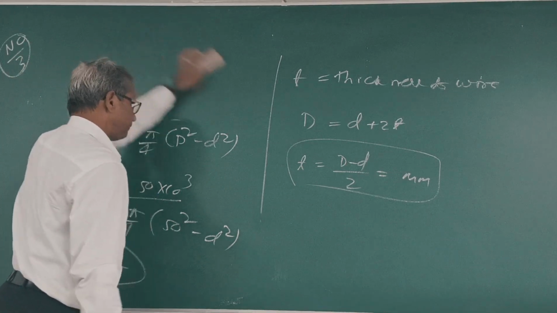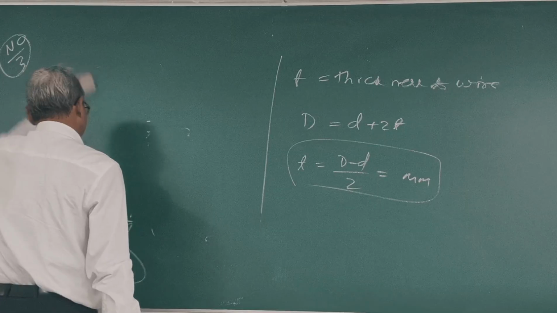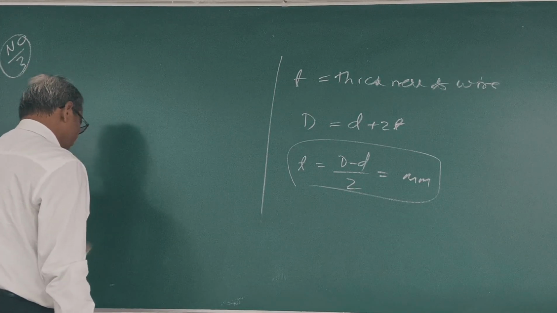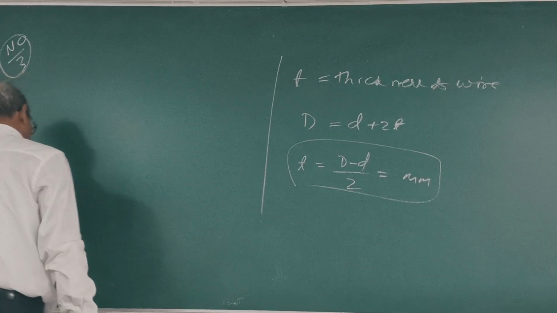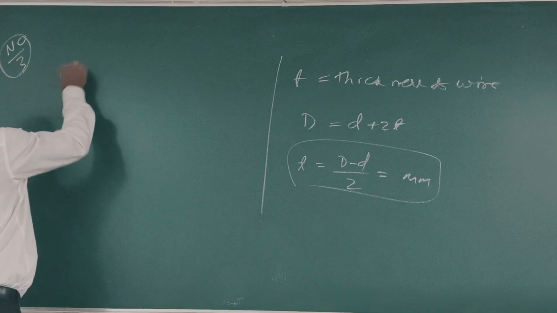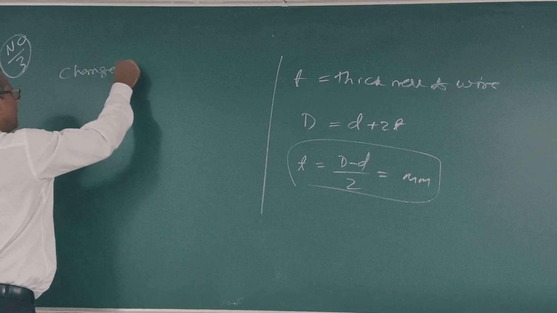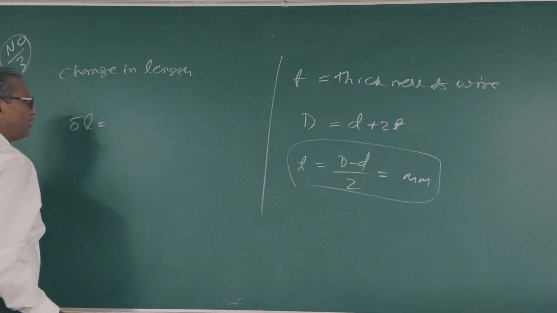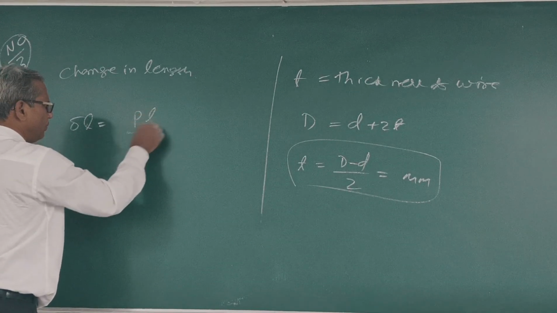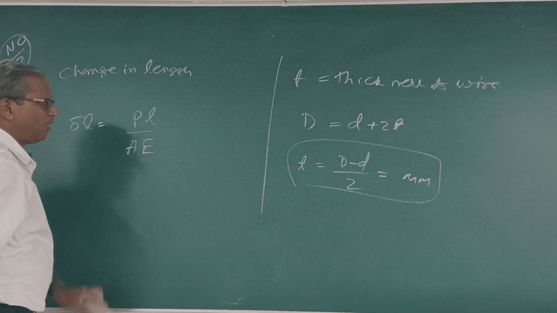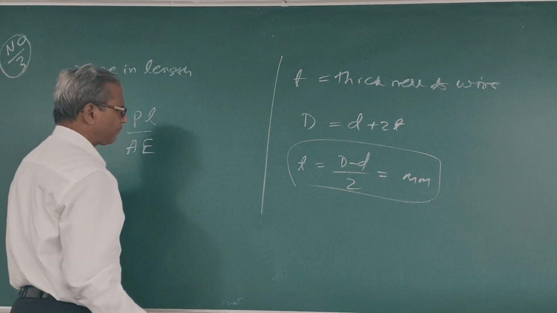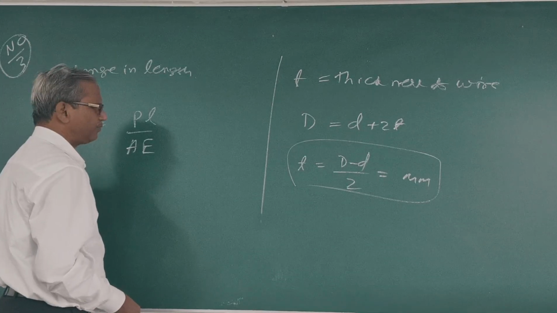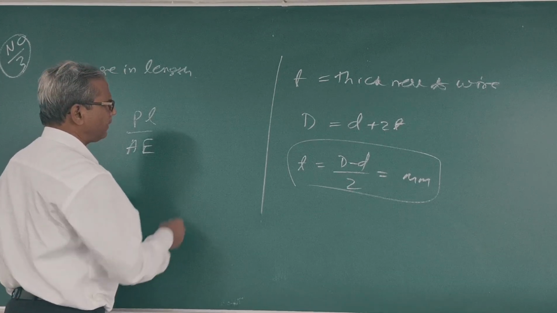Now change in length, delta L. Delta L is equal to PL by AE, or sigma into L by E. What is P?